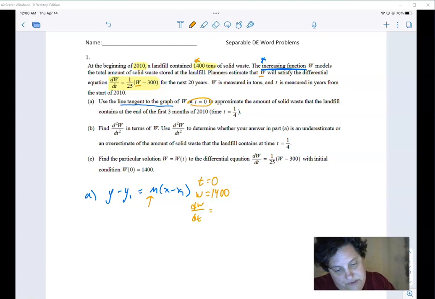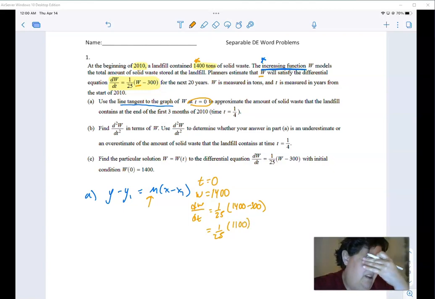Okay? So let me go ahead and use that. It's 1/25 times (W minus 300), where W is 1,400. I actually don't know if this is a calculator problem or not. So it's 1/25, and then that's 1,100, which is going to give me 44, I think. Okay?